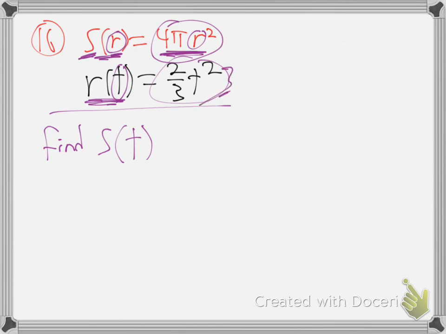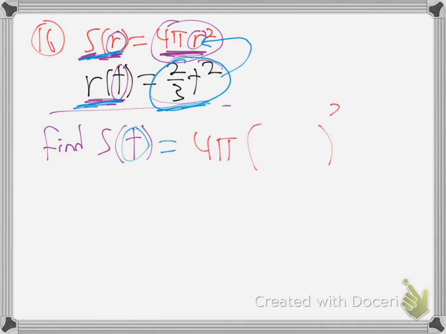In other words, if I can get rid of all my scribbles here. Basically, if I just take this right here and stick it right in there for R, I'll have it. Because this is R, the R function, and they want the S of t now. So notice I take 4 pi something squared.